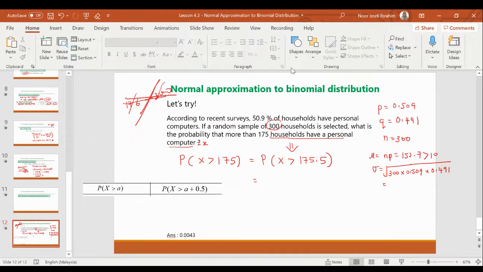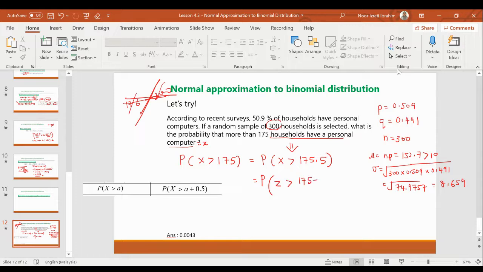That is square root of 74.9757, and we get 8.659. I make it to 3 decimal. Always make the values except for the z value 3 decimal. Z has to be 2 decimal because in the table the z is always 2 decimal.